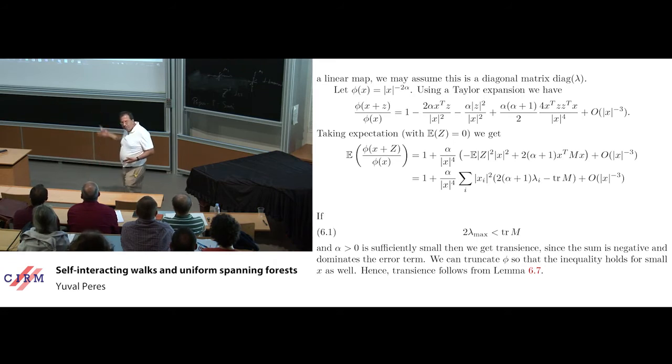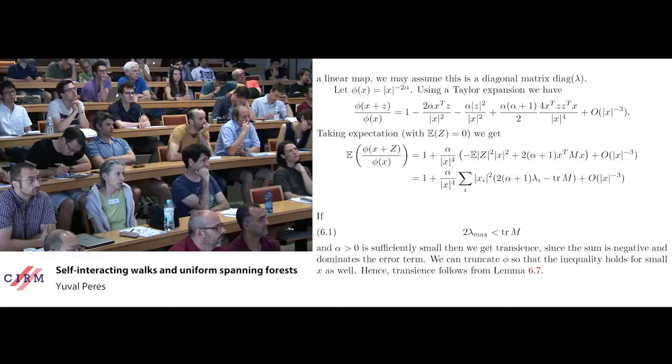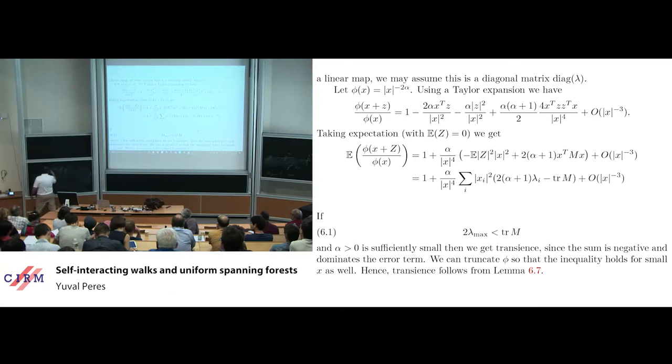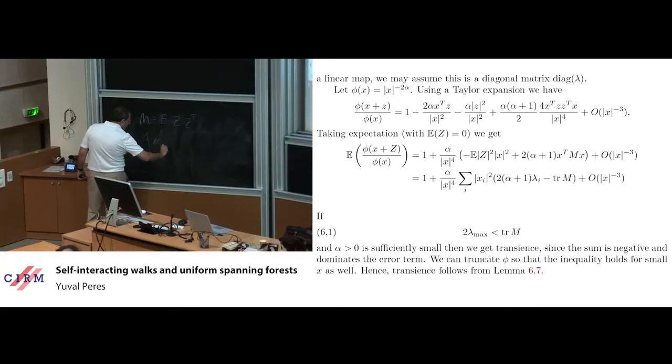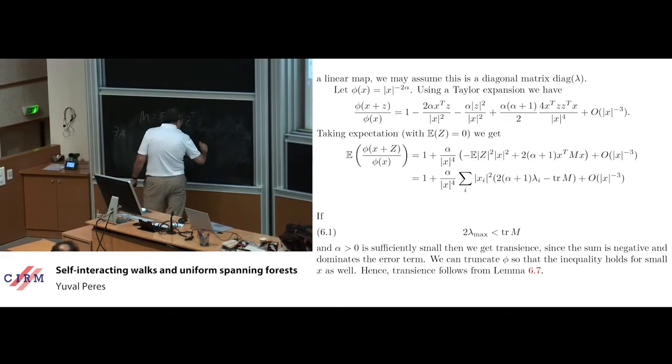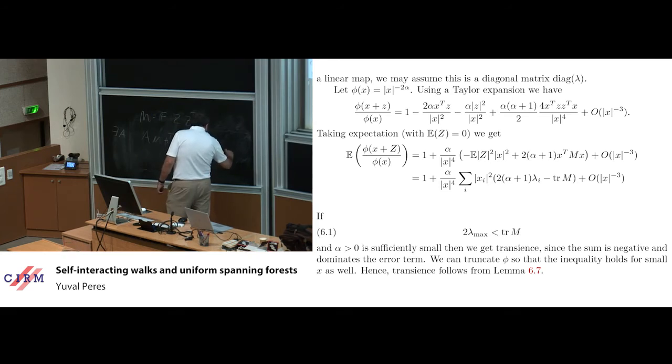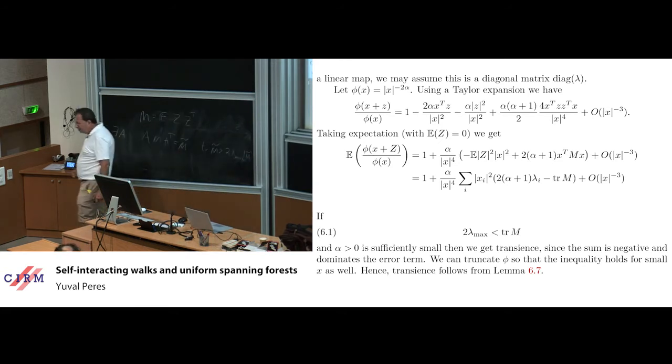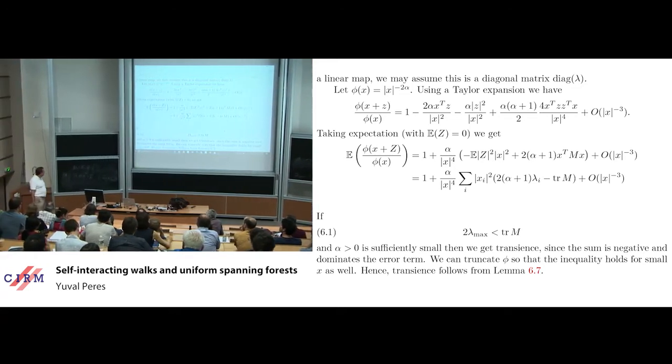And one way to derive it from this is just to observe that for any covariance matrix M, you could always find some other matrix A, so that the new covariance matrix M tilde, equal to A M A transpose, will satisfy that the trace of M tilde is indeed bigger than twice the maximum eigenvalue of M tilde. Just by diagonalizing M, you can easily do this.